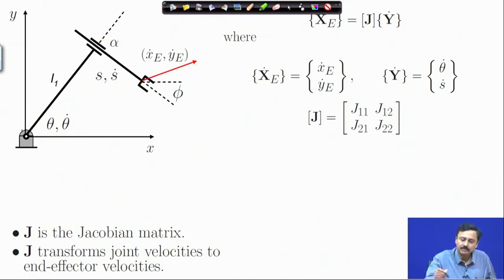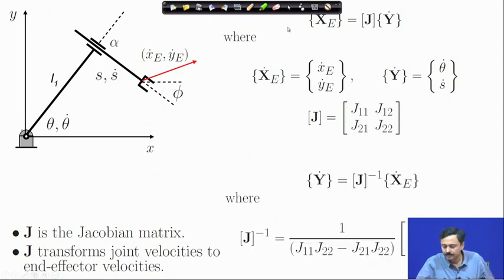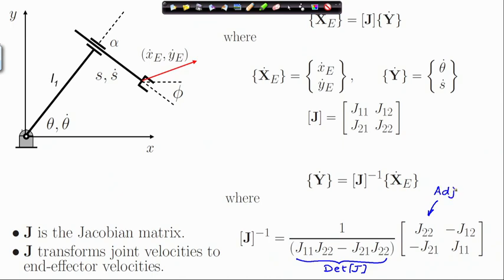We have already seen how to invert, and I will just repeat this here. This is the determinant of the Jacobian matrix, and this is the adjoint of the Jacobian matrix. And the way we find out this adjoint is we interchange the diagonal terms.